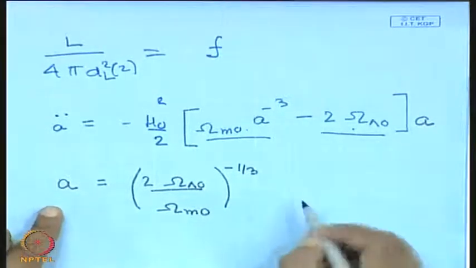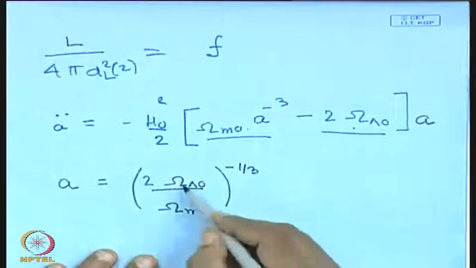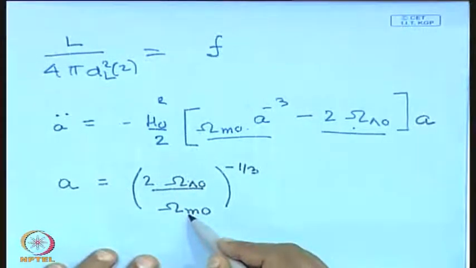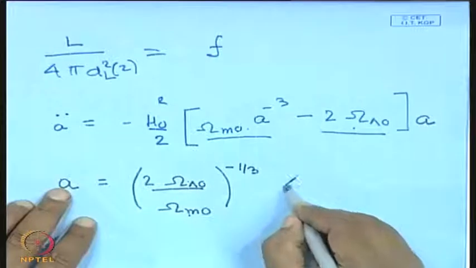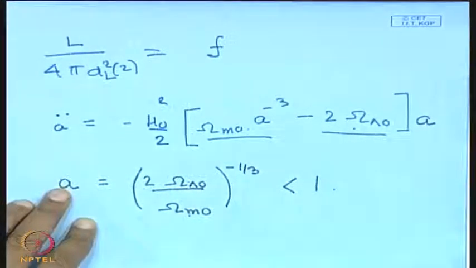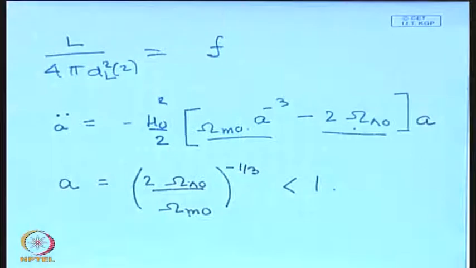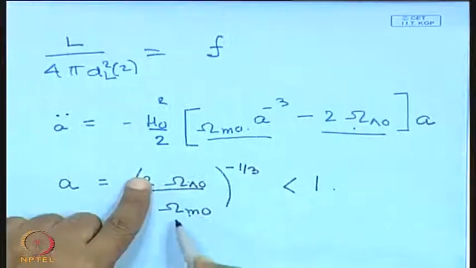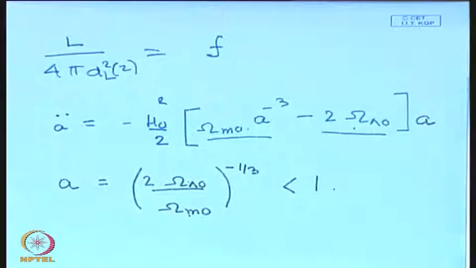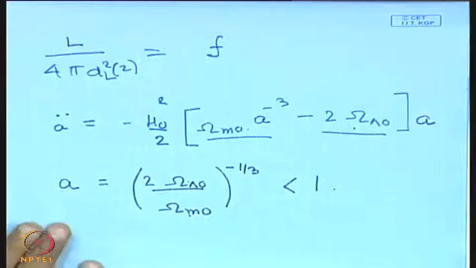If this is 0.7 and this is 0.3, this number will obviously be more than 0 but less than 1, because the ratio is more than 1. So at some redshift in the past, the universe underwent a transition from a phase of decelerated expansion to a phase of accelerated expansion.